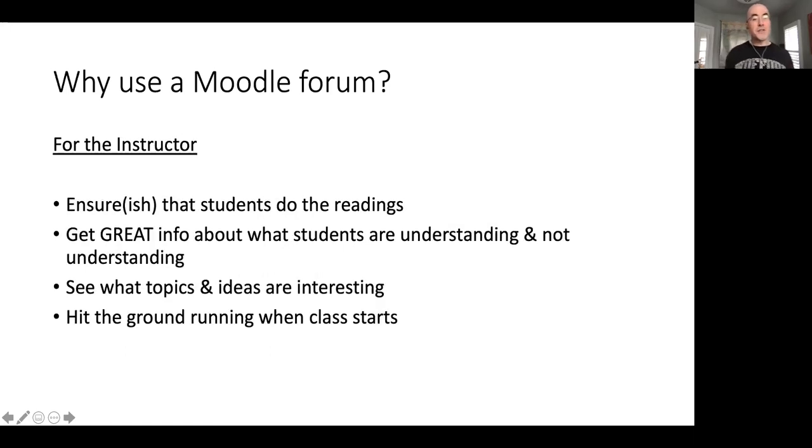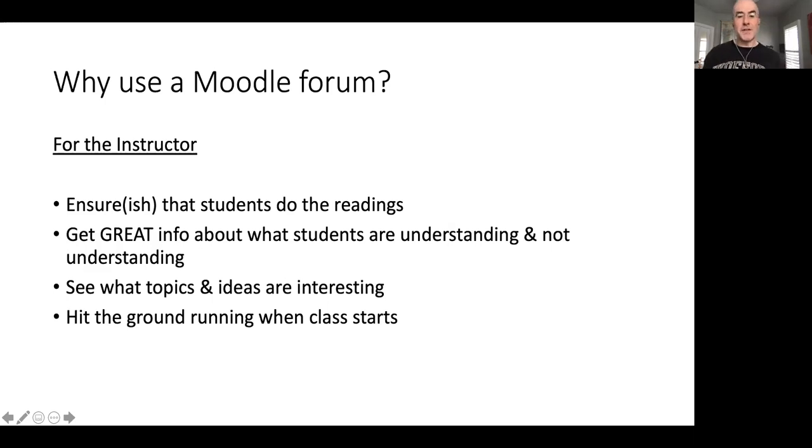Now for the instructor, for me, Moodle forums have had good success in ensuring-ish that students do the readings. It's not completely a fail-safe method. I also get great information about what students are understanding and not understanding. This is probably one of the most useful things I find about Moodle forums.